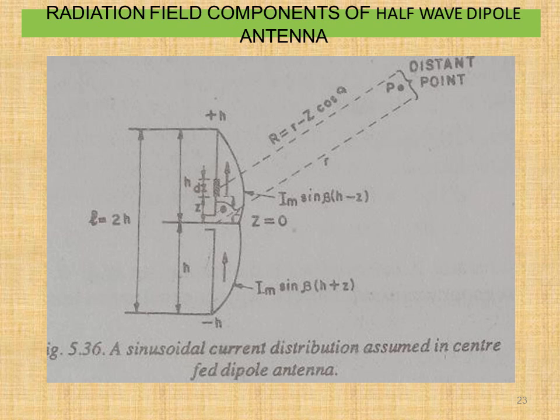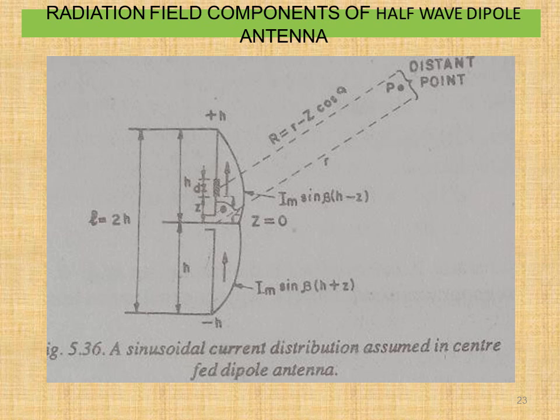We consider that the distance from the dipole antenna origin to the distant point p is r. Here, as it is a vector calculation, we draw parallel lines from the center to the distant point, and we assume an infinitesimal element dz along the z axis, so from this point we are going to measure the distance.